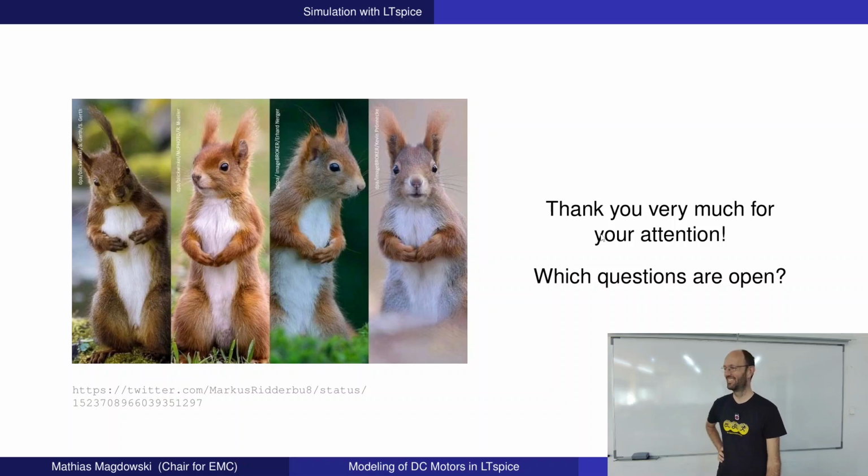Eiche is a tree like the oak, and Hörnchen, if a word ends in chen, means something small, so it's a small animal that lives on the oak tree. This is literally what Eichhörnchen would translate to.